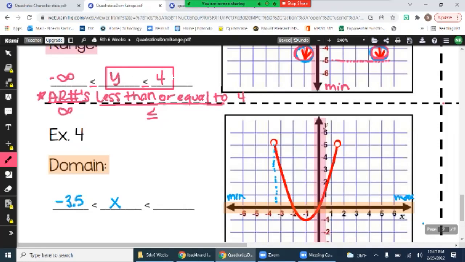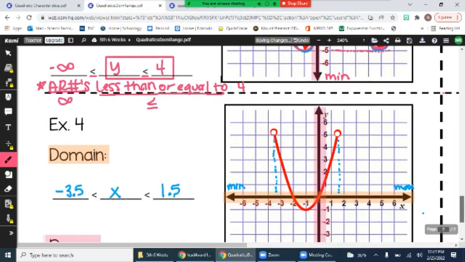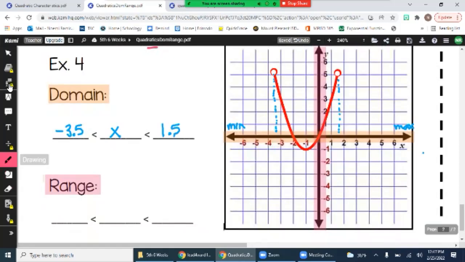Rolando, what about the maximum? 1.5 because it's between the 1 and the 2. Do I underline it? No. Questions on that one? All right. What do we fill in the middle for the range? Minimum on the bottom, maximum on the top. All right.